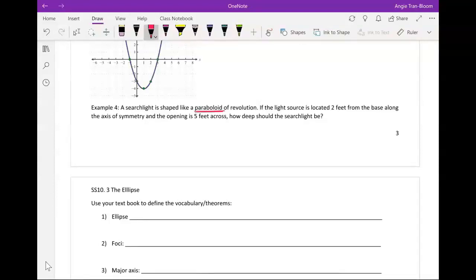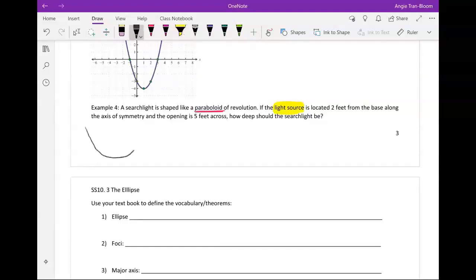If the light source is located 2 feet, so this is what I want you guys to know right here. Light source is located 2 feet from the base along the axis of symmetry, and the opening is 5 feet across. How deep should the searchlight be? So a searchlight is in essence a flashlight.